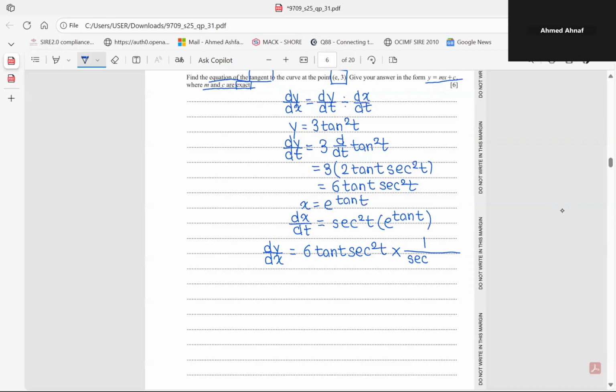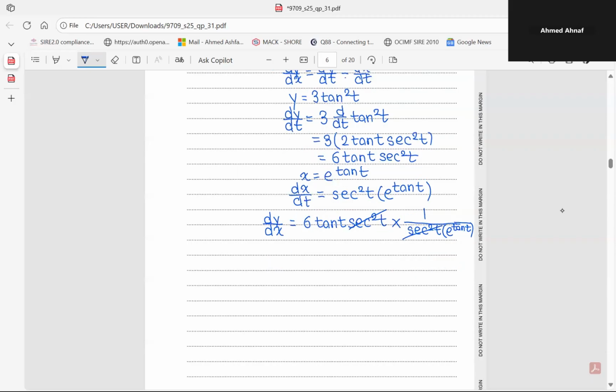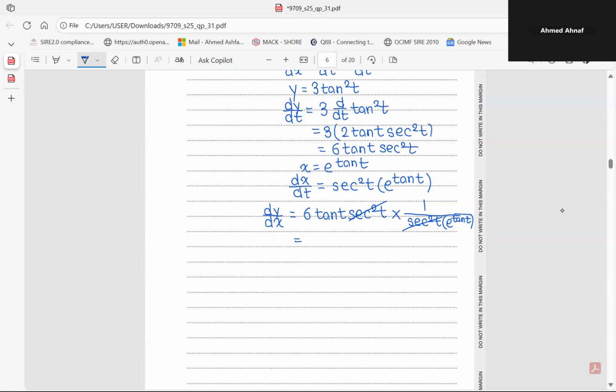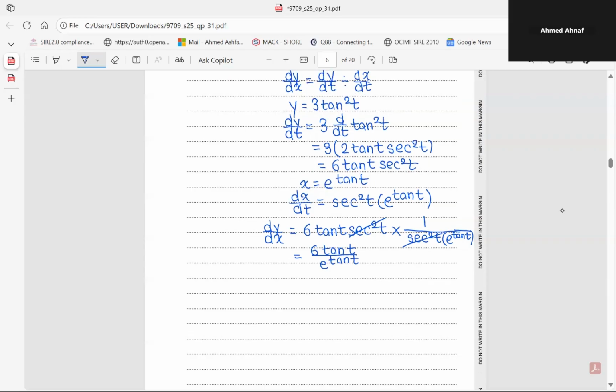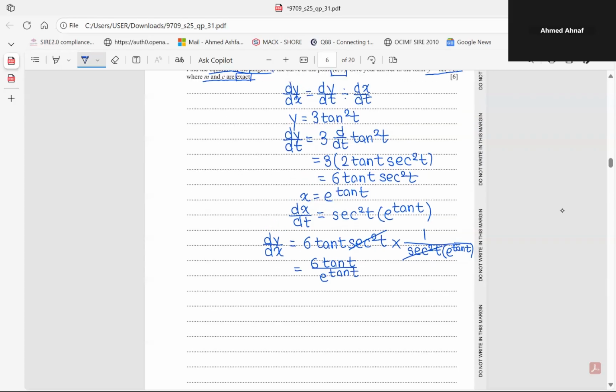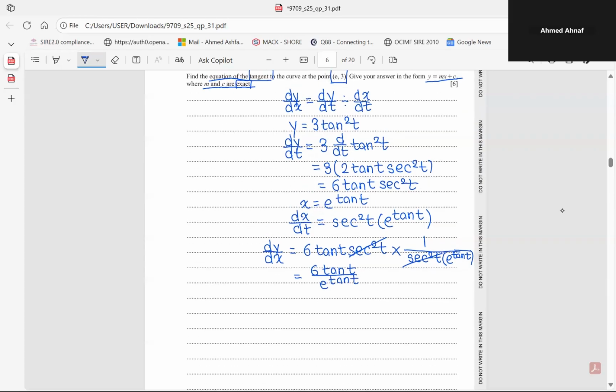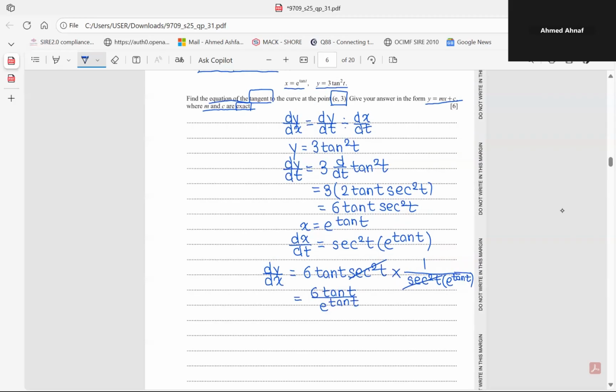So this is what I'm going to do. So as we can see clearly, the sec squareds cancel out, and our final expression is 6 tan t over e to the power of tan t. So this is our expression for dy/dx in terms of t.